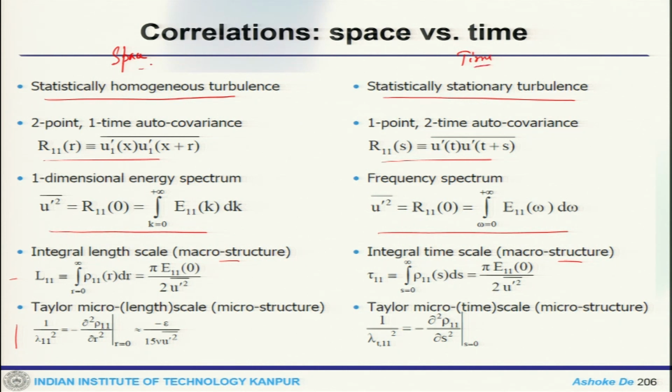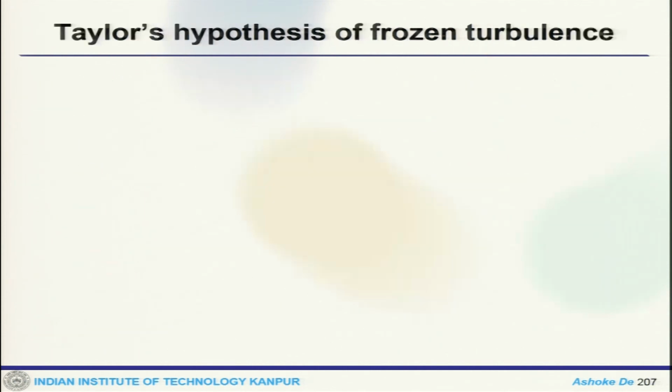In space and time, we already have the Taylor hypothesis, where you can have an eddy of size like that, where u bar is coming and this is of the large scale. Then one can approximate the space-time transformation.